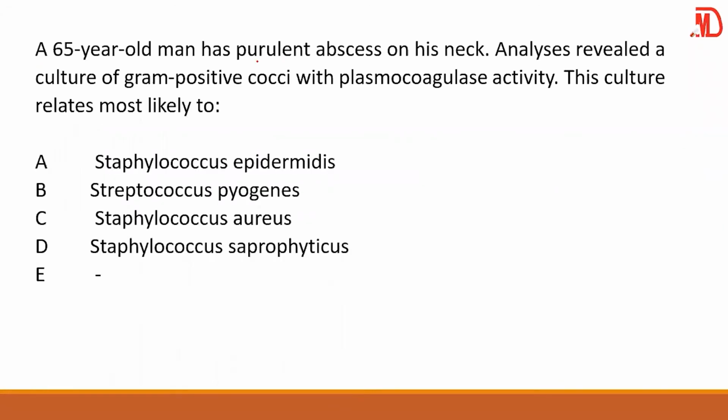A 65-year-old man has a purulent abscess on his neck. Analysis revealed a gram-positive culture with plasmocoagulase activity. You remember when we were talking about the characteristics of Staphylococcus aureus?